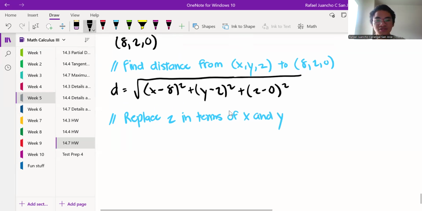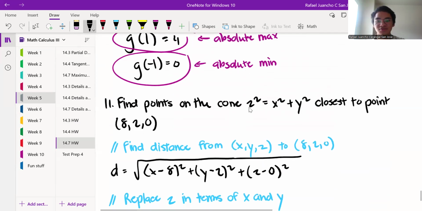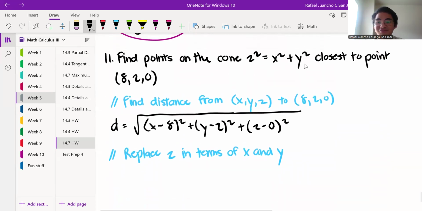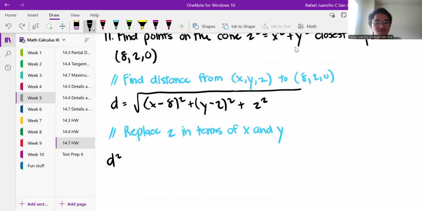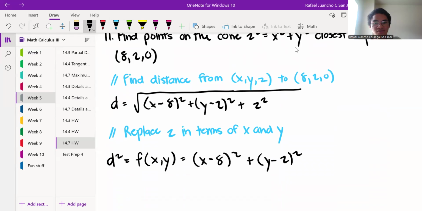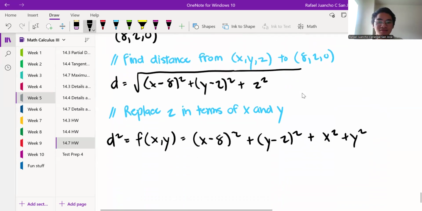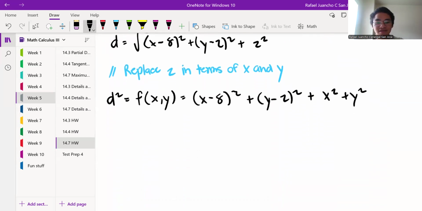So here, let's look at our original quadric surface equation. Actually, we kind of don't need to because this is already z squared, and we actually have it here already. So let's immediately square the thing. And that will be our f of x, y. So this is x minus 8 squared, y minus 2 squared, plus x squared plus y squared.